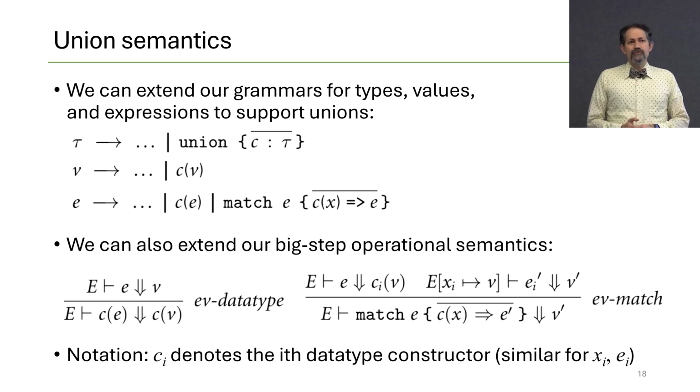And then we'll choose the particular constructor, so this will be the ith constructor, so we'll choose the ith expression and the ith variable x, and we'll extend the variable environment with a mapping from xi to the value that was inside that constructor, and then evaluate the corresponding expression in the right branch of the match statement. This will produce a value v prime, which is the value that results from the entire match. Here, match is an expression, which is common in functional languages that have tagged unions. They tend to be expression-oriented rather than statement-oriented.